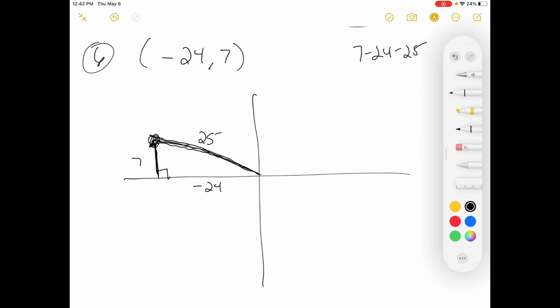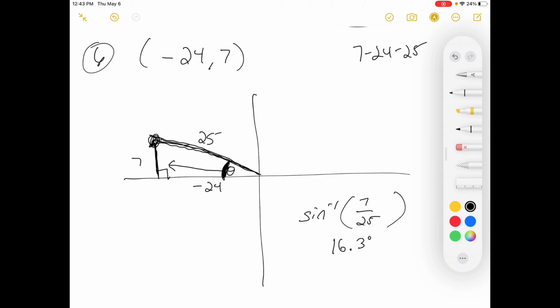So there's my radius. Okay, so now let's find what this angle is. So sine inverse 7 over 25 gives me 16.3 degrees. That's that angle right there.